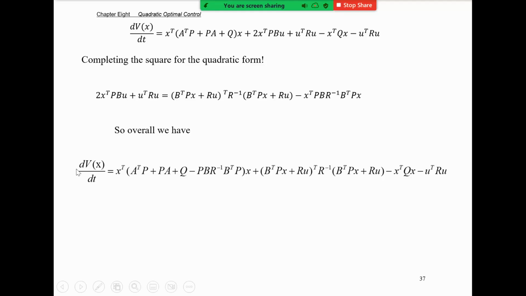Essentially, because it's a quadratic form, every term is X transpose times a matrix times X, and this other one depends on a combination of X and U, but it's this transpose times this matrix times this vector. So it's another quadratic form. And those two are negative numbers because Q and R are all positive.